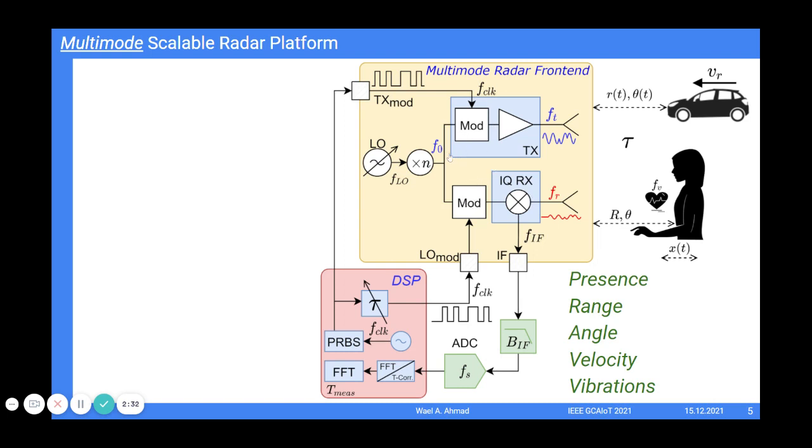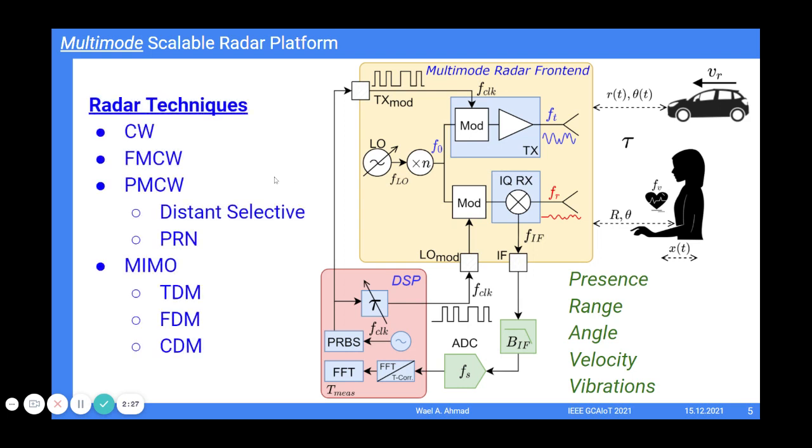These modulators define the required radar technique, CW or FMCW or PMCW or even MIMO, with different schemes: time division multiplexing, frequency division multiplexing, or even code division multiplexing. According to the radar technique, the radar can sense the presence of an object, its range, its angle, so one-dimensional or two-dimensional position, and its velocity if it's a moving target, or its vibration rate if it's a vibrating target.